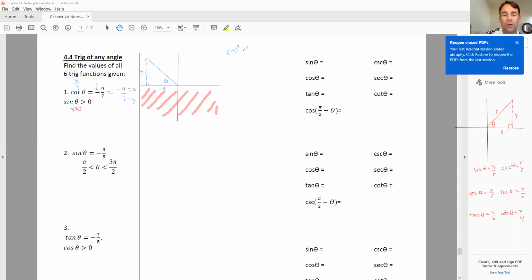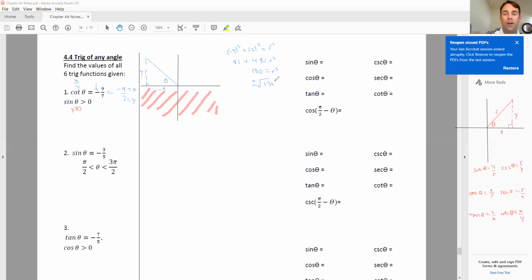So negative 9 squared plus 7 squared equals r squared. So 81 plus 49 equals r squared. 130 equals r squared. And when I take my square root, plus or minus the square root of 130 equals r.